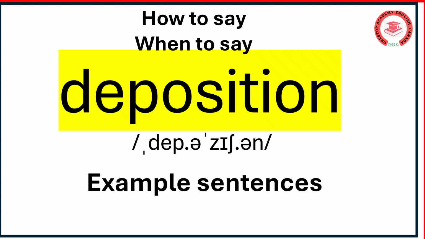Let's learn how to say it properly first. It's a three-syllable word. Dep is the first syllable, a short sound. Z, we stress on this syllable, and in the end, shun.